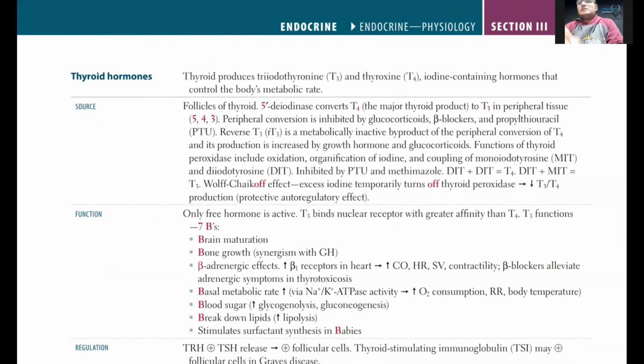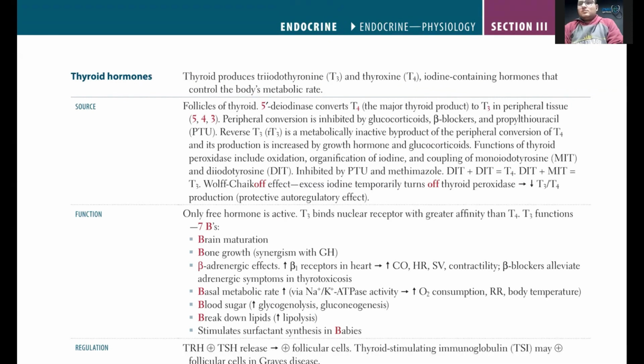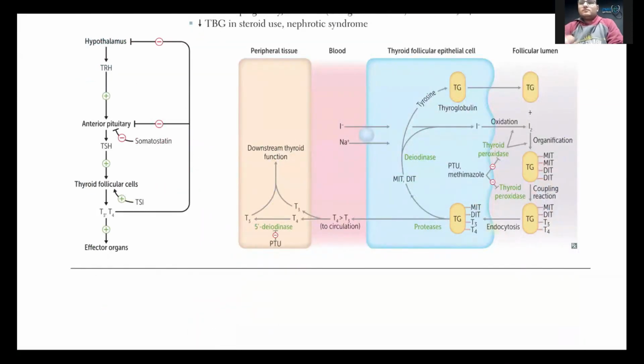What are the steps that create T3 and T4? The thyroid produces triiodothyronine and thyroxine, the tetraiodothyronine. These are iodine-containing hormones that control the body's metabolic rate. Now we will discuss step by step, starting from the blood.